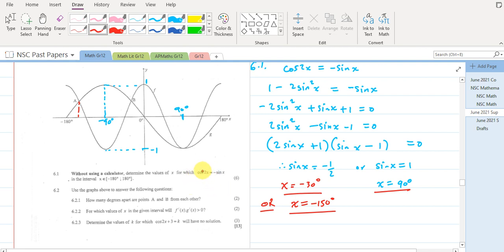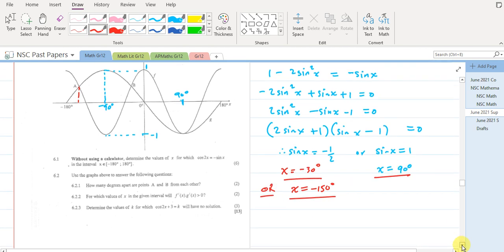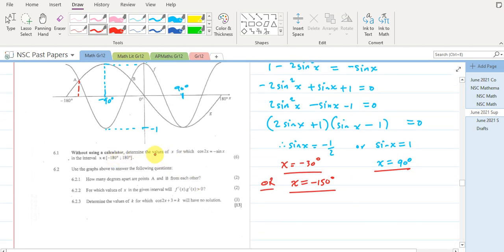And cos of 180, if you're observing the cos graph, should give you minus 1, and minus sine 90 is also minus 1. So all these three values of x are the points of intersection. That's 90, that's minus 30, and that's minus 150.